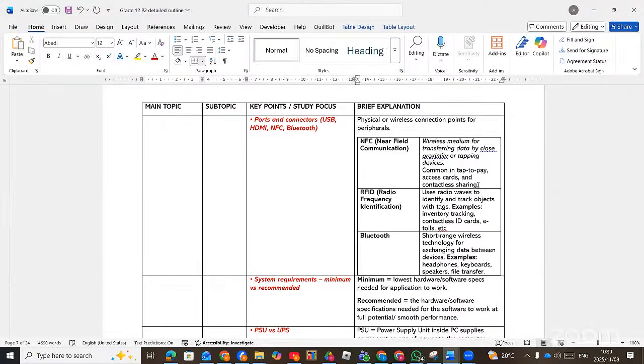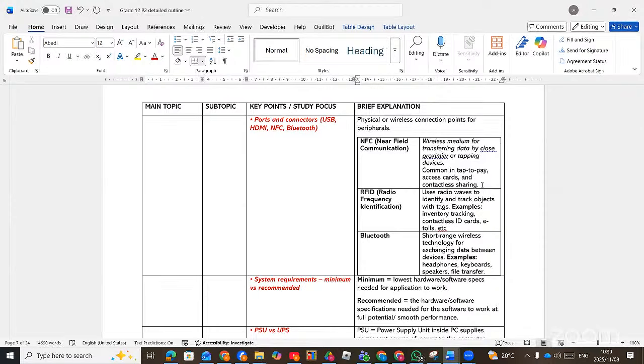So the NFC devices must be close to each other before they will transfer data. So that's the definition of NFC. And they are mainly common in tap to pay. If you go to shops like Pick n Pay and other shops, the tap to pay that we normally use our cards to pay, they use NFC technology, different access cards, and then contactless sharing. These are the uses of NFC.